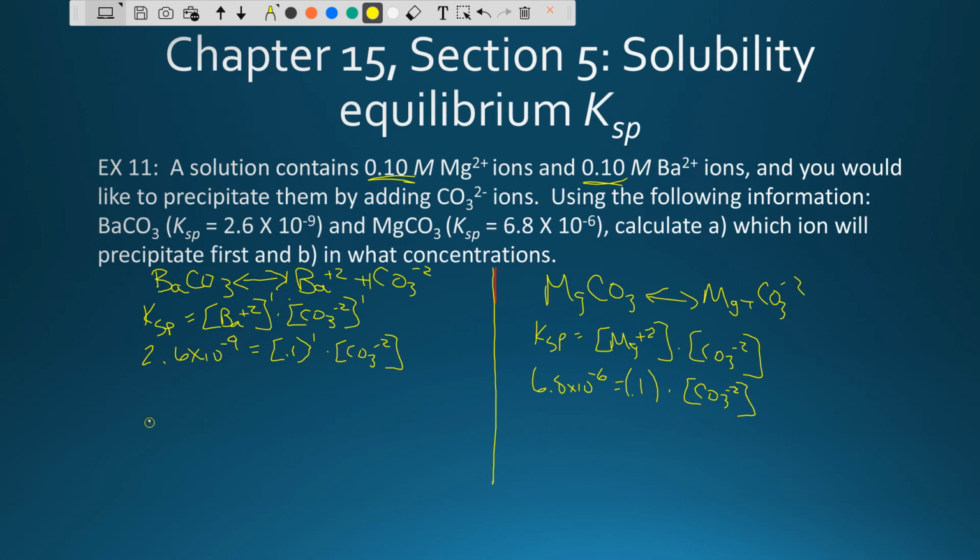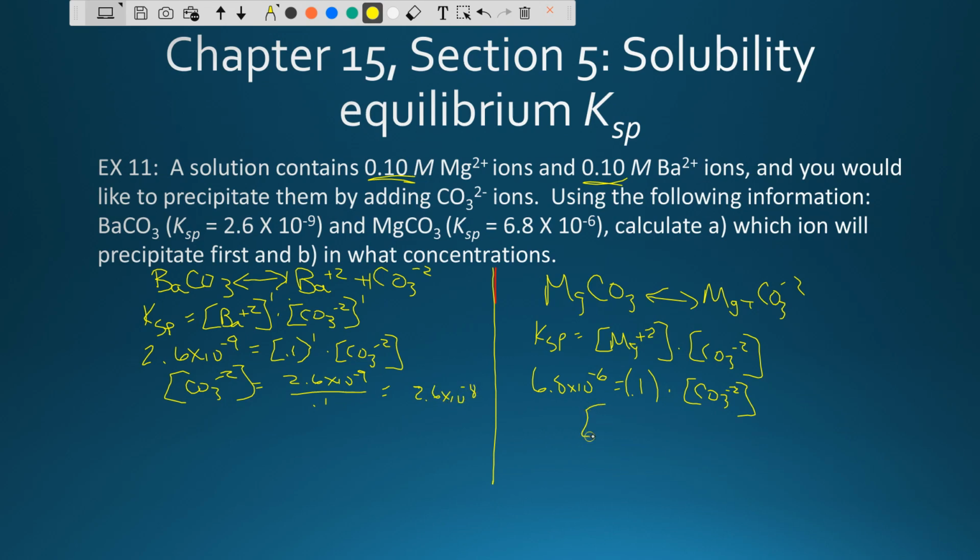So now I find that my carbonate on this side is going to be 2.6 times 10 to the negative 9 over 0.1, which equals 2.6 times 10 to the negative 8.